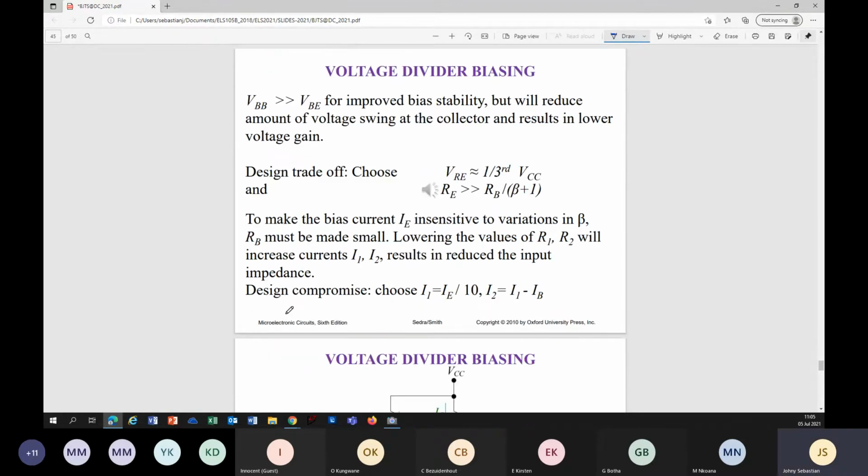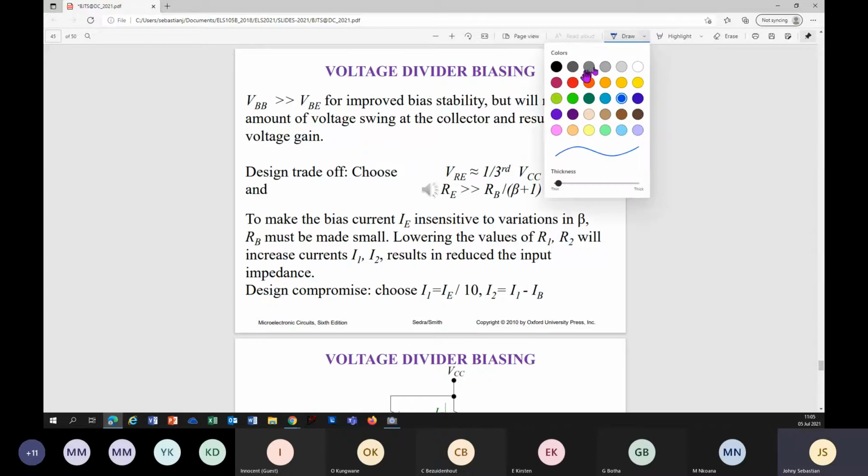Now, voltage divider biasing. We are going to choose VBB very much greater than VBE for improved bias stability. What is this bias stability? Bias stability is something very important.